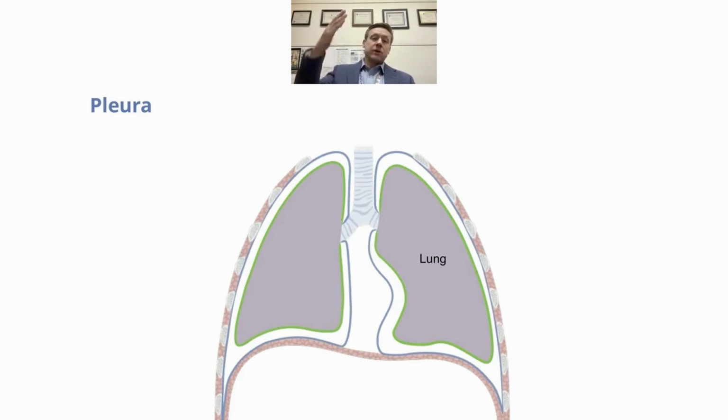If we imagine a cross section here where we have an example of our lungs, we see that the lungs on their surface have this thing called visceral pleura. And this is something called a serous membrane. Serous means watery, so it's something that's producing a watery fluid. And it's visceral because it's on the viscera. It's on the surface of an organ.